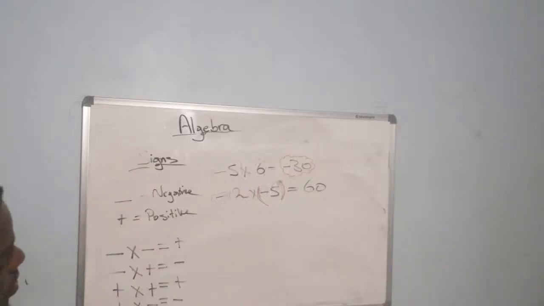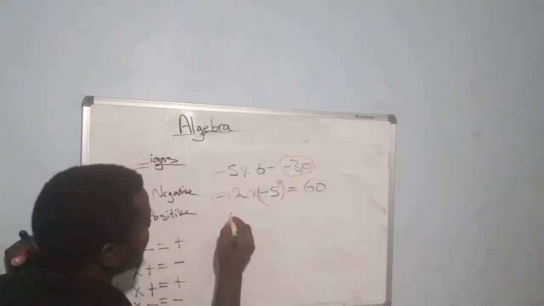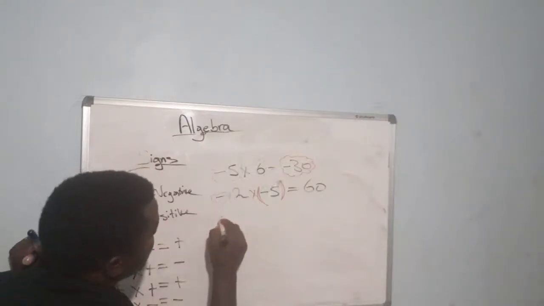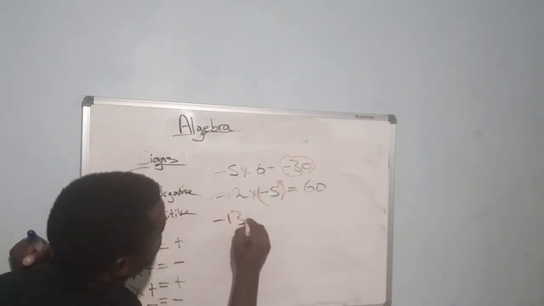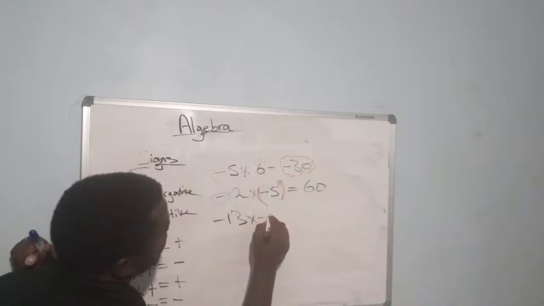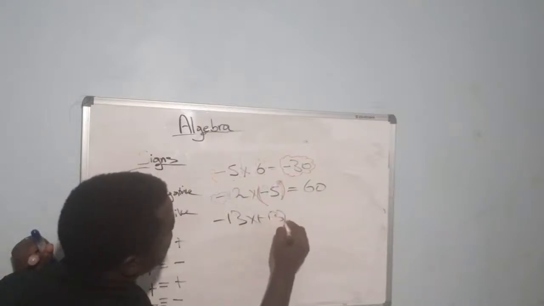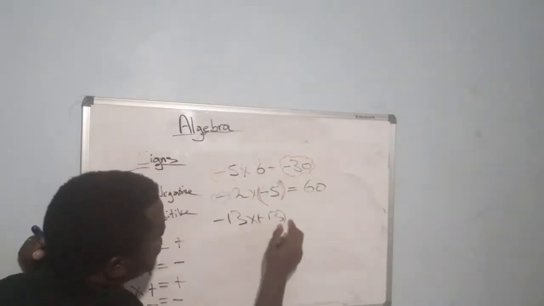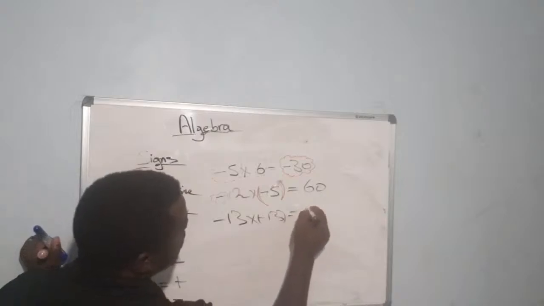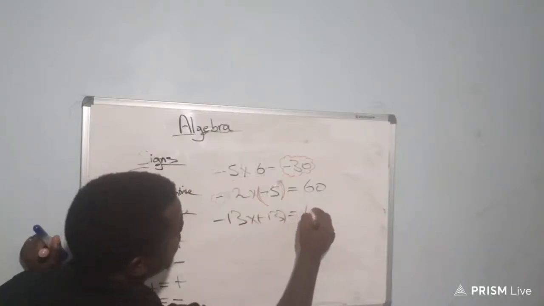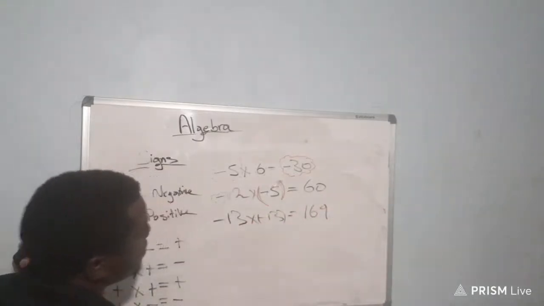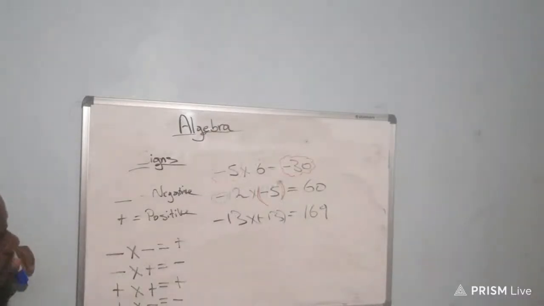So now, if we could do another one like this. For instance, we have negative 13 times negative 13. 13 times 13 is 169. That's positive 169. Alright?